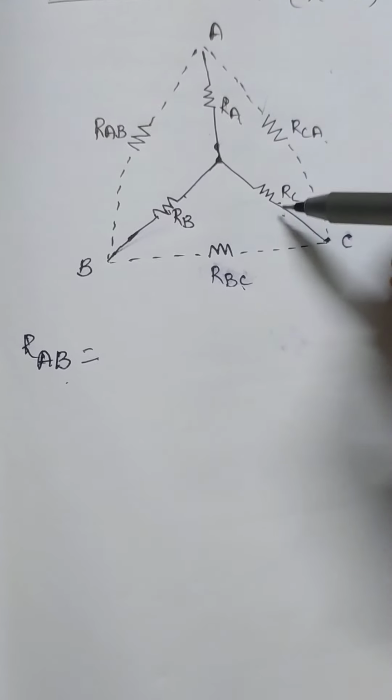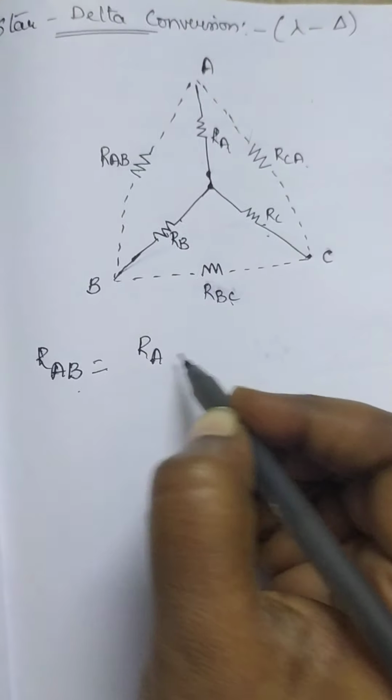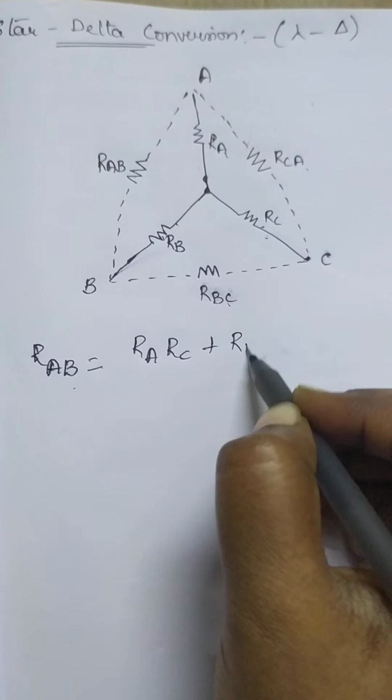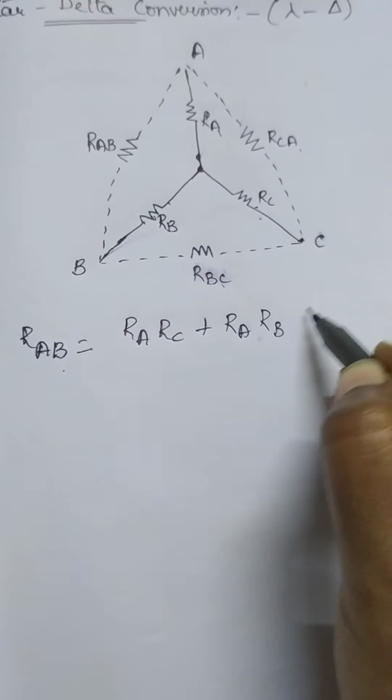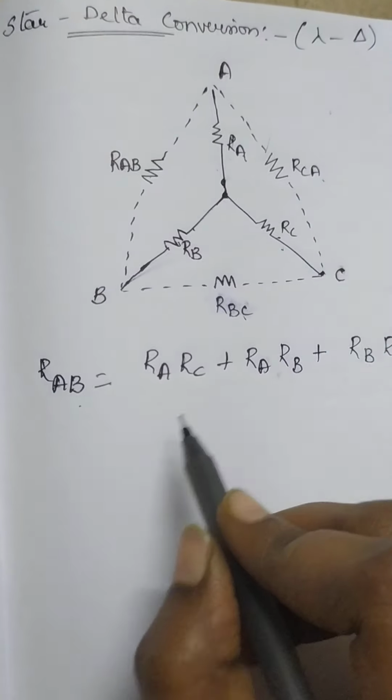How many possibilities are there of two resistances? RA RC, plus RA RB, plus RB RC.